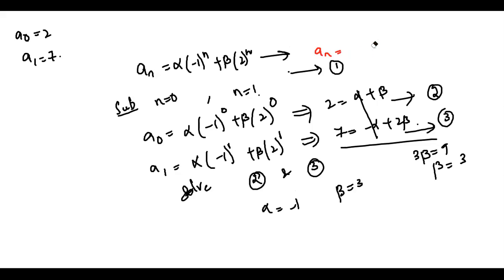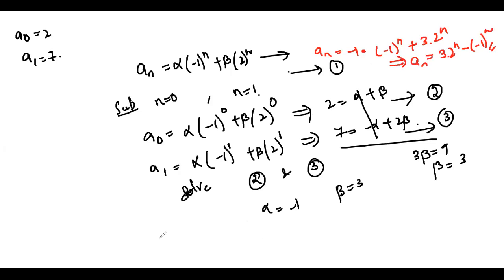So over here, we will write minus 1 into (-1)^n plus beta, which is 3, into 2^n. So minus 1 into (-1)^n, or we can even write it as a_n is equal to 3 into 2^n minus (-1)^n. Let me just write it clearly over here.